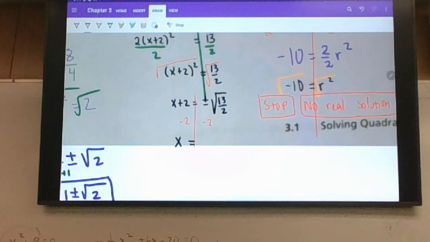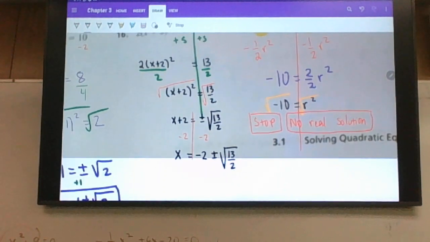And I get x equals -2 plus or minus the square root of 13 over 2, which is a pretty good job, but it's not done. We can't leave this denominator under a radical. That's a rule we've been talking about.